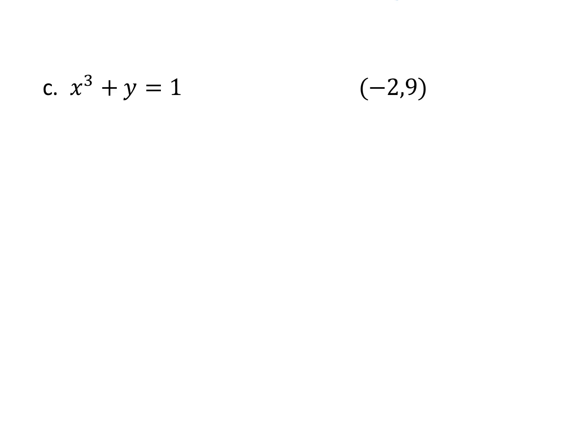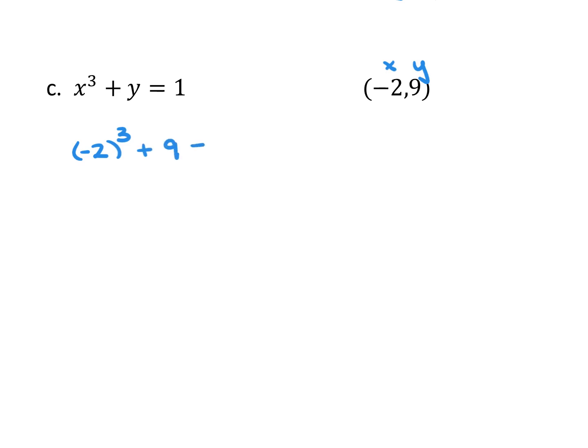So we are going to plug in our values. We want to replace x with -2, and so we get -2 cubed. We want to replace y with 9, and we have equals 1.